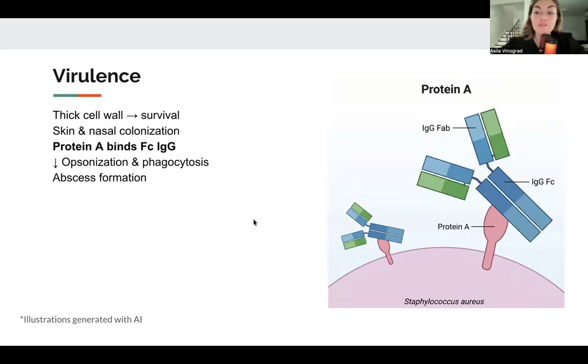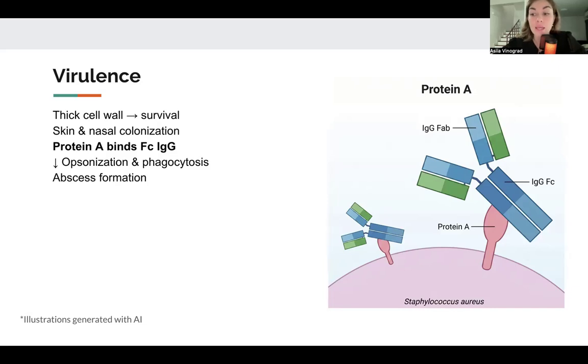Virulence. Main virulence factor is protein A. Protein A binds to the Fc part of IgG antibodies. Now, immunoglobulin G is what our immune system makes to tag bacteria for destruction.